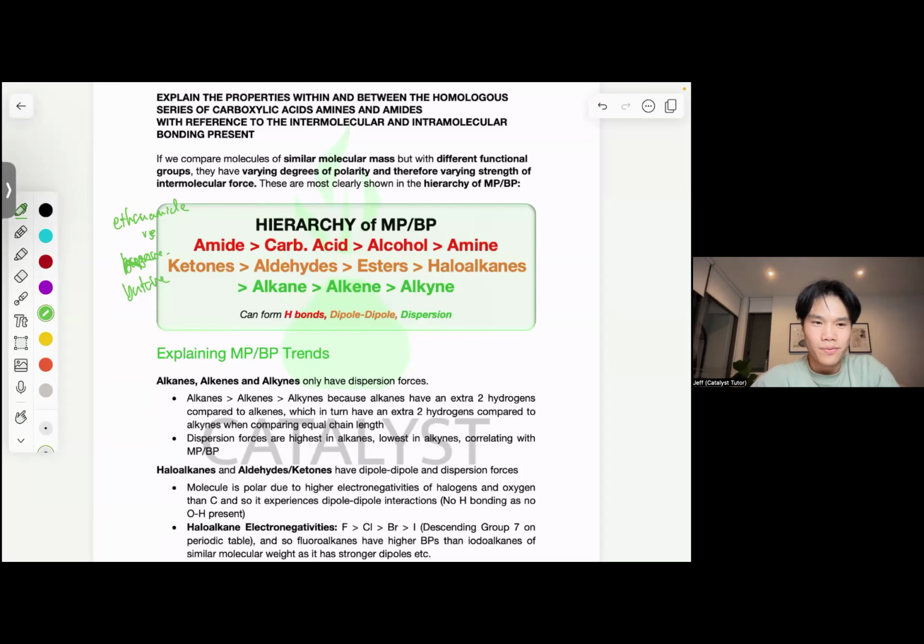Not too sure. Okay, so when you're comparing molecules, melting point, boiling point, you always want to compare molecules that have the same chain length, that have the same molar mass, because that would mean they have the exact same dispersion force.